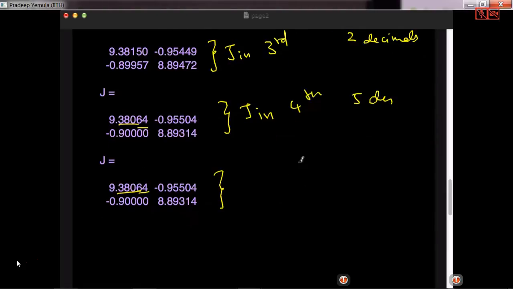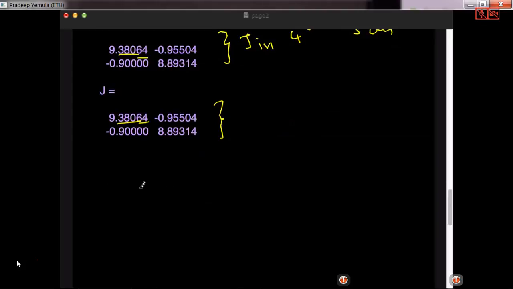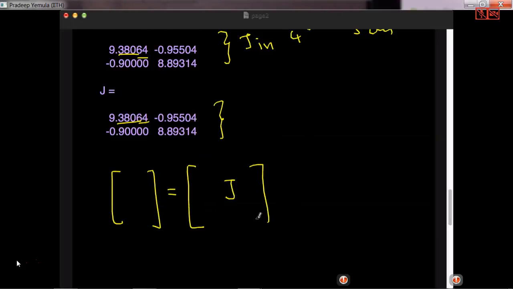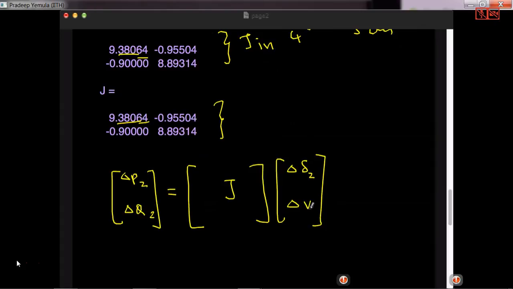Another thing, you notice how the J matrix is coming. So what is the J matrix? If you see the J matrix, delta delta, delta V, and the J matrix is there. This is delta P and delta Q. So in our case, this is P2, Q2, delta 2, V2 for the problem that we are studying.